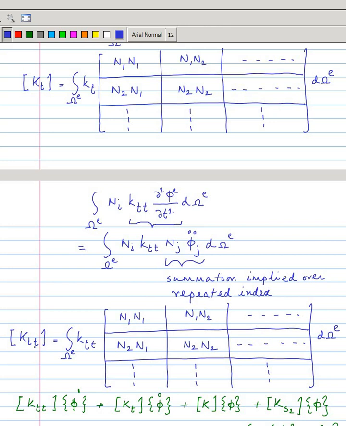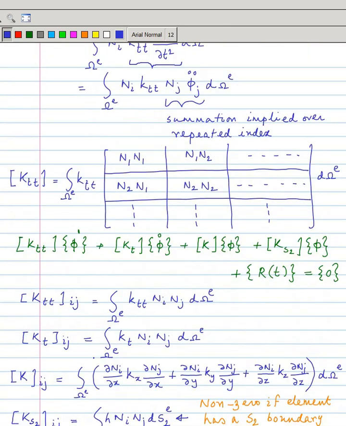So this is the KTT matrix. It is same as this KT matrix, only this coefficient KT has to be replaced by KTT. So now the equation is something like this. These are the two added terms, and the other terms are same as what we got for quasi-harmonic equation.